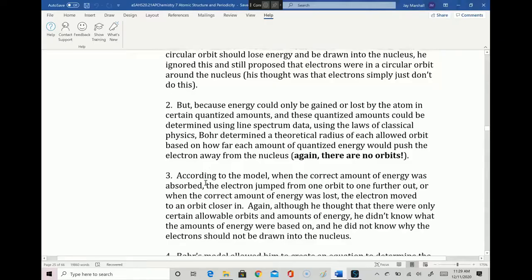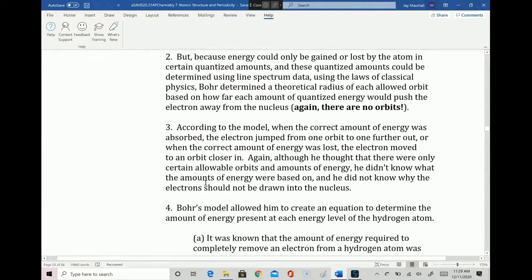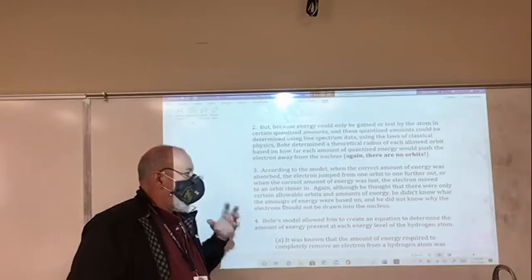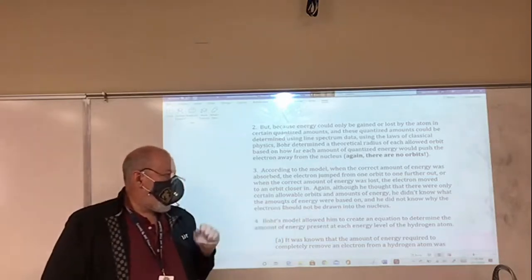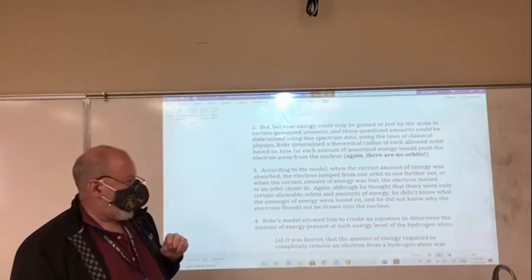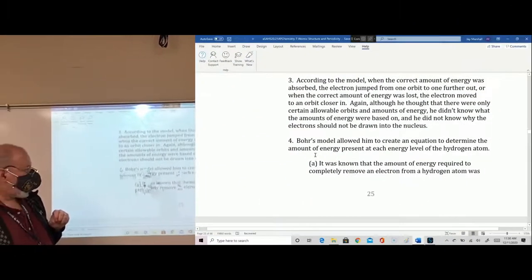So according to the model, when the correct amount of energy was absorbed, the electron jumped from one orbit to one further out, or when the correct amount of energy was lost, the electron moved to an orbit closer in. Again, although he thought there were only certain allowable orbits and amounts of energy, he didn't know what the amounts of energy were based on. He didn't know why the electrons should not be drawn into the nucleus.